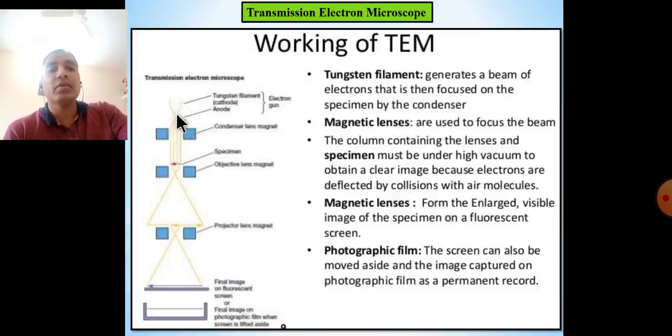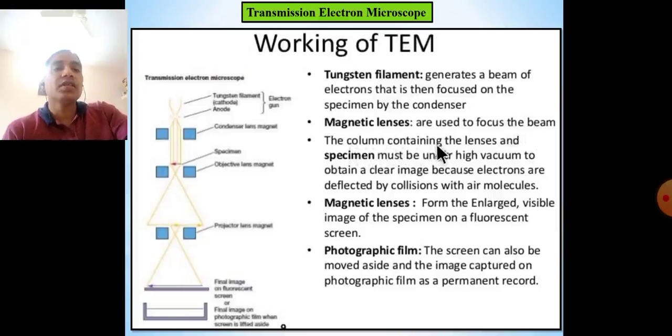The electron beam passes through the condenser lens to focus directly on the specimen, that is the sample. Magnetic lenses are used to focus the beam.